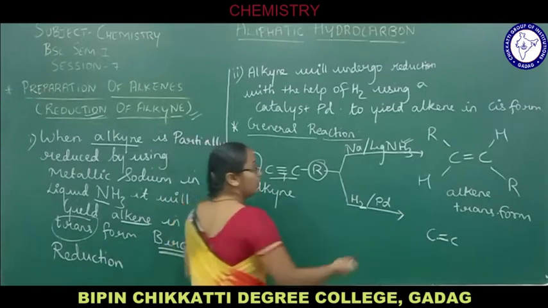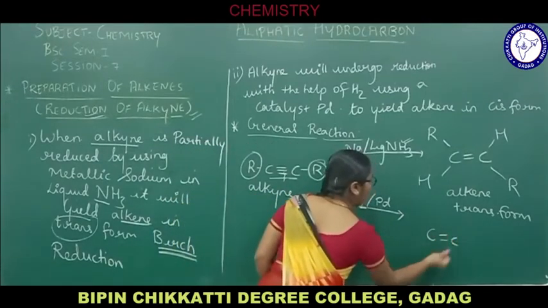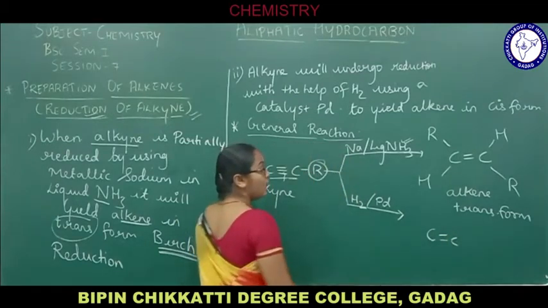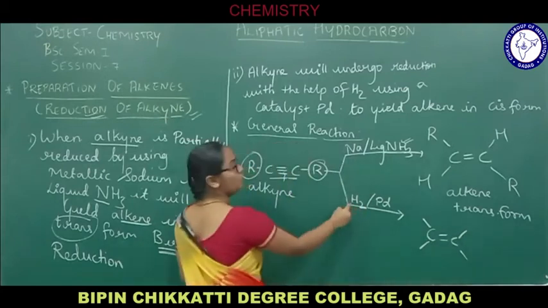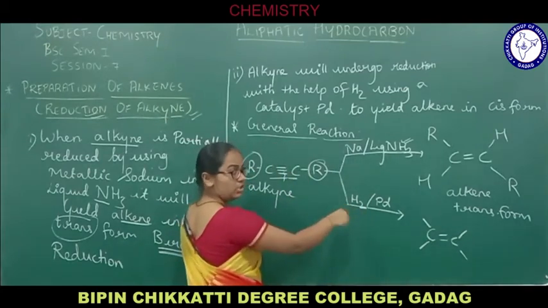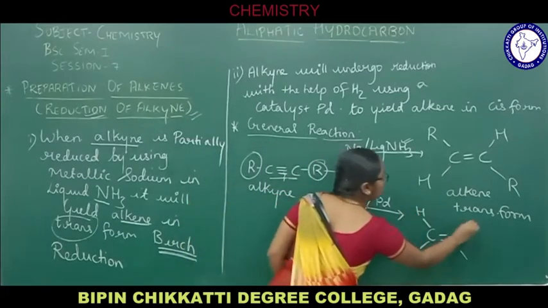So here the triple bond will break and form a carbon-carbon double bond, and the two hydrogens from the hydrogen gas, which is used as the main reactant, will add on the same side.